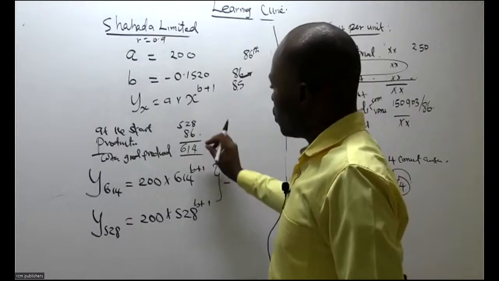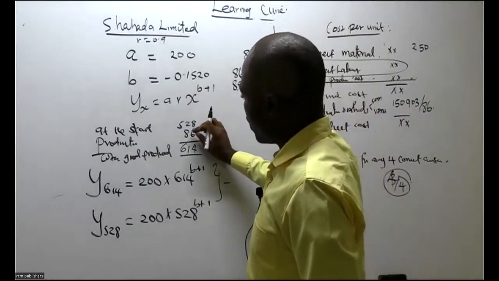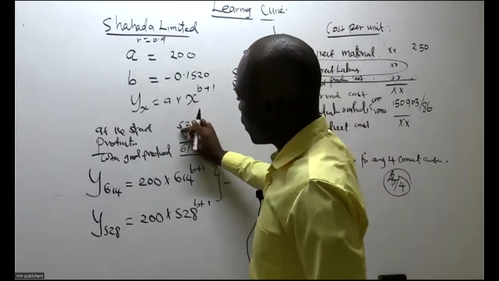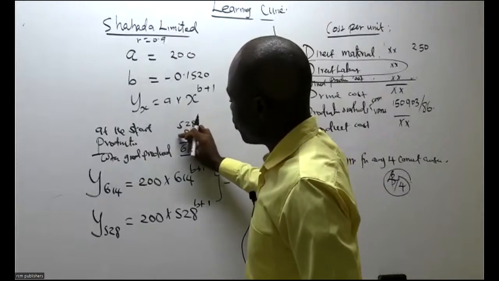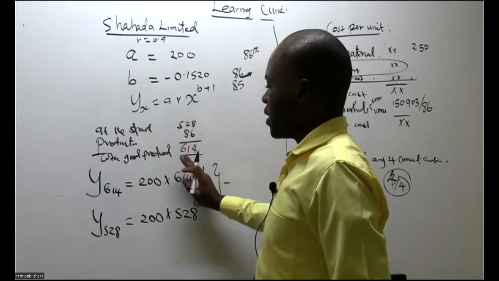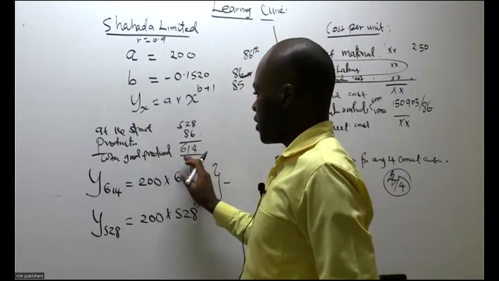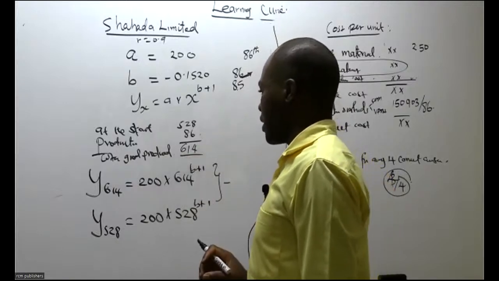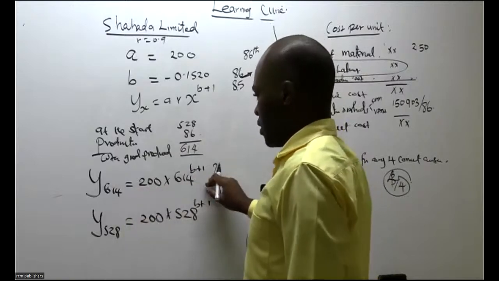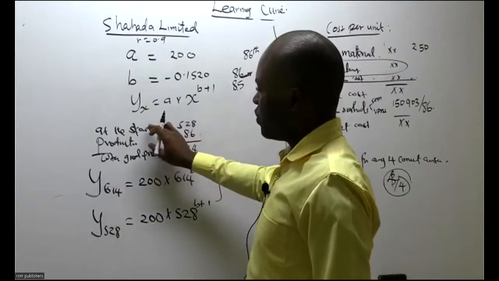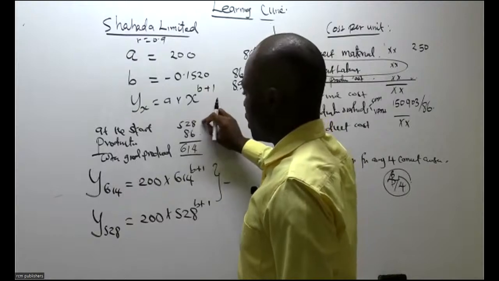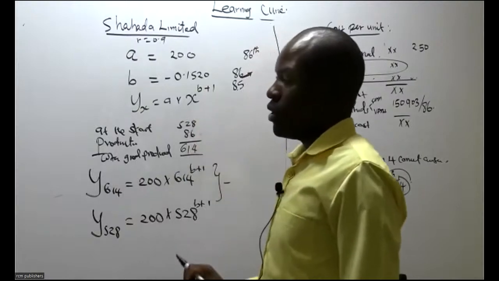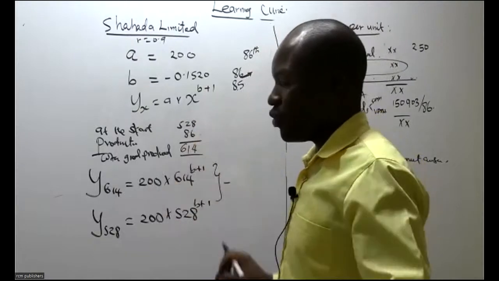Here, we want the total labor hours incurred to produce the 86 units. I take the total of everything, 614, because they are still under the learning curve, and less the time taken to produce the first 528. The difference will be for producing the 86 units.